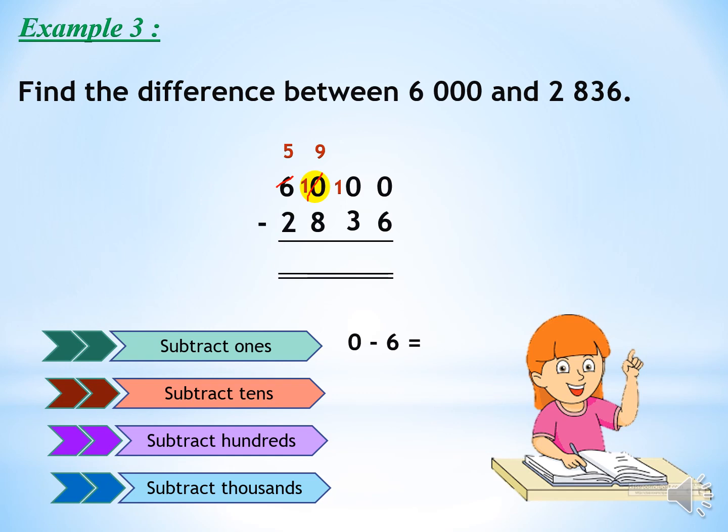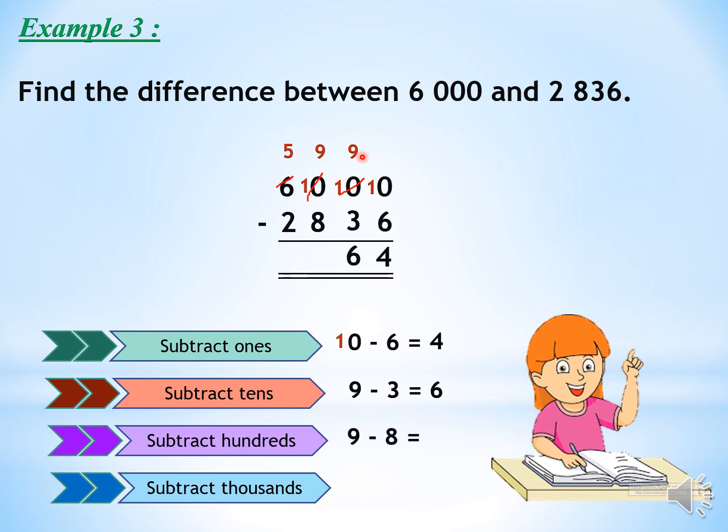Again we'll have to regroup 10 tens even as 9 tens and 10 ones. Okay, now we can start the subtraction again. Subtracting ones. 10 ones subtract 6 ones. Answer 4. Now 9 tens subtract 3 tens, 6.